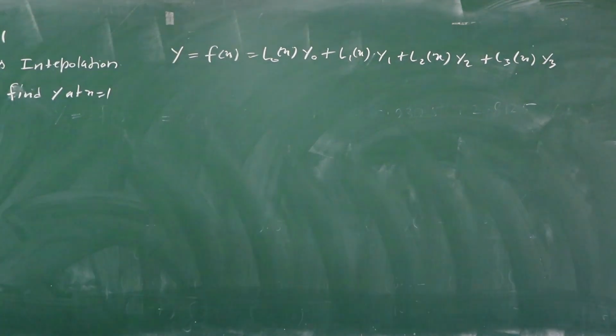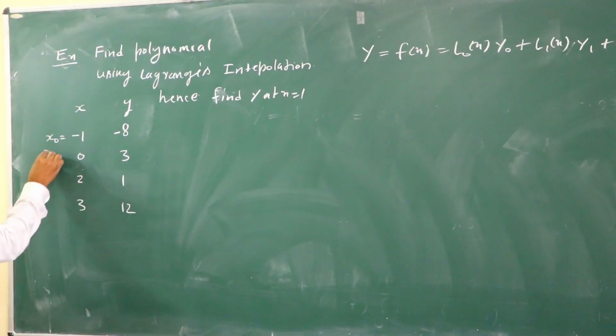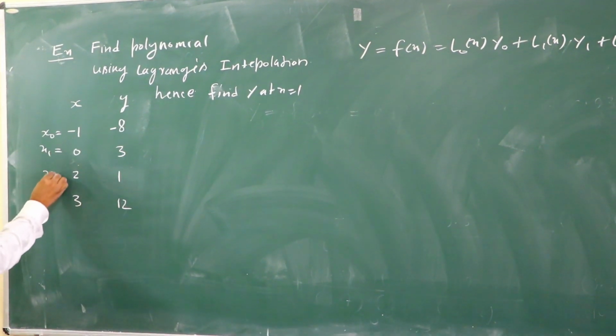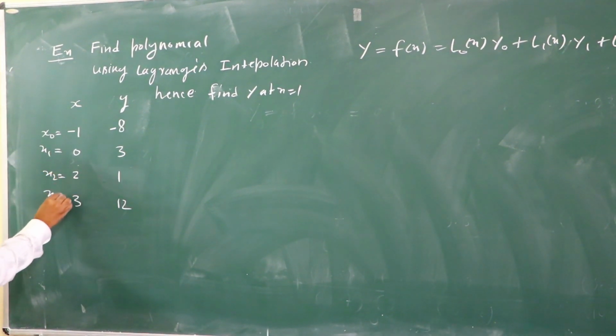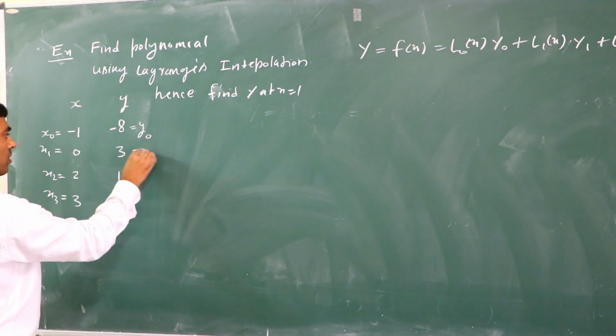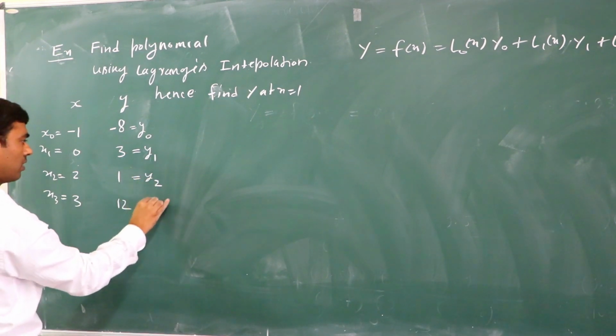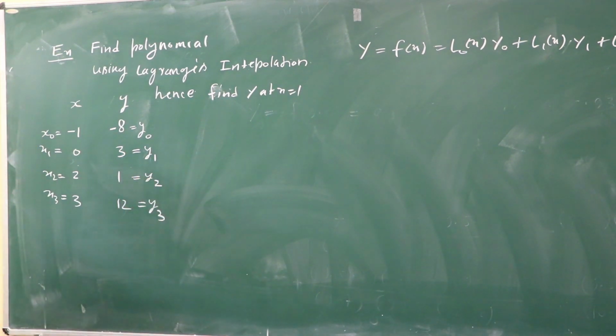And here we denote the values: x0 is -1, x1 is 0, x2 is 2, x3 is 3, and y0 is -8, y1 is 3, y2 is 1, and y3 is 12.